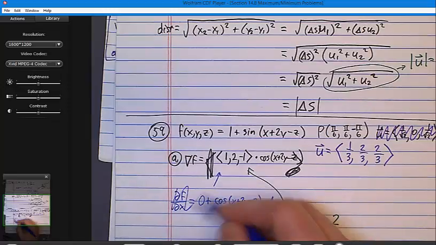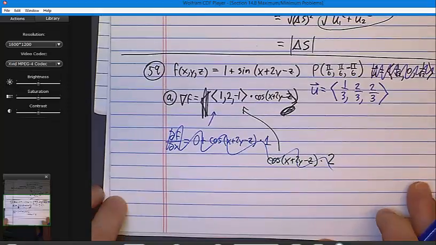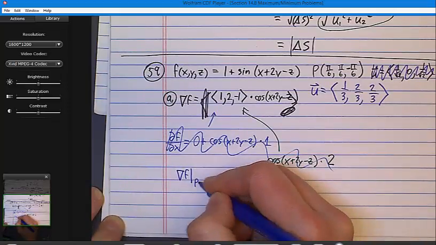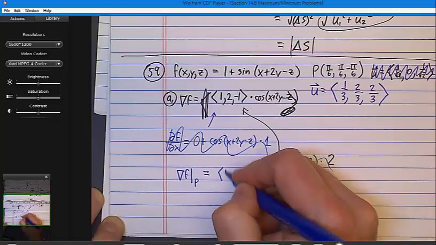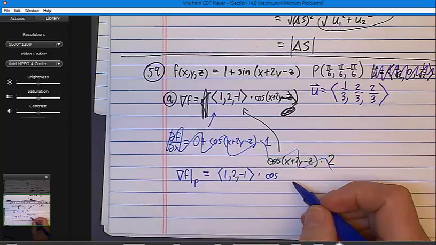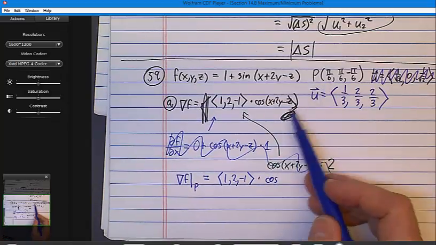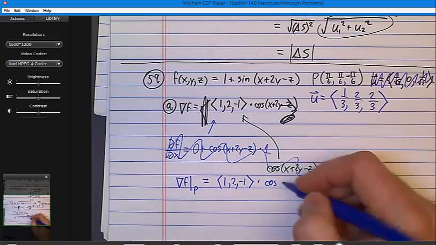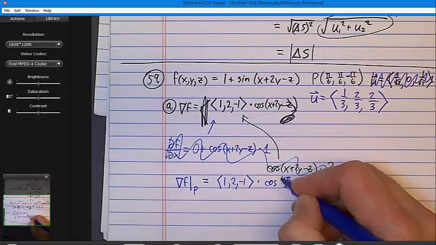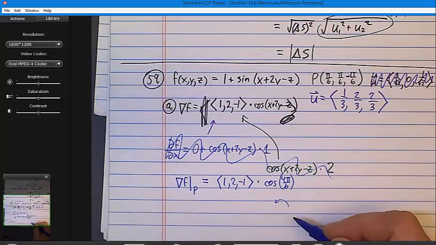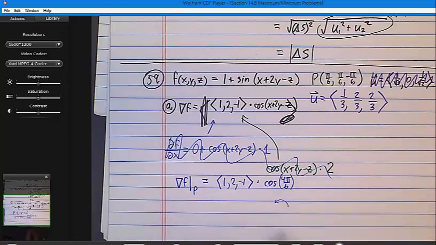So let's finish part A by saying that grad f evaluated at point P is equal to 1, 2, negative 1 times the cosine of what? Pi over 6 plus 2 pi over 6 is 3 pi over 6. Minus minus makes another plus, so plus pi over 6, giving 4 pi over 6. So what's the cosine of 2 pi over 3? I'm getting negative 1/2, right? So that's a negative 1/2 right there.